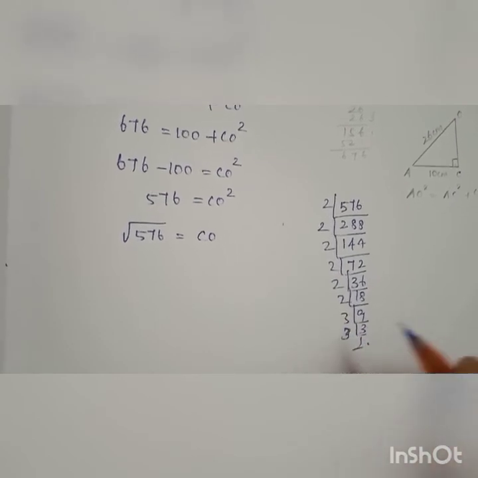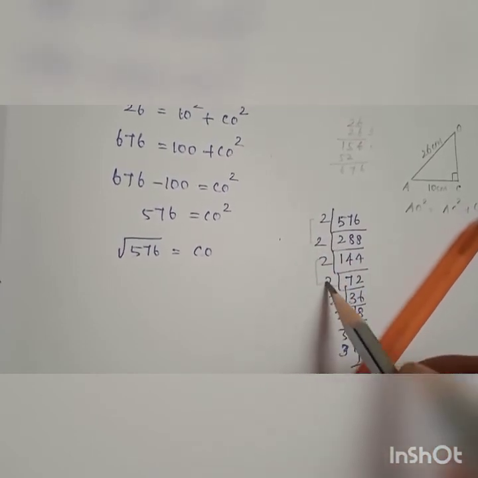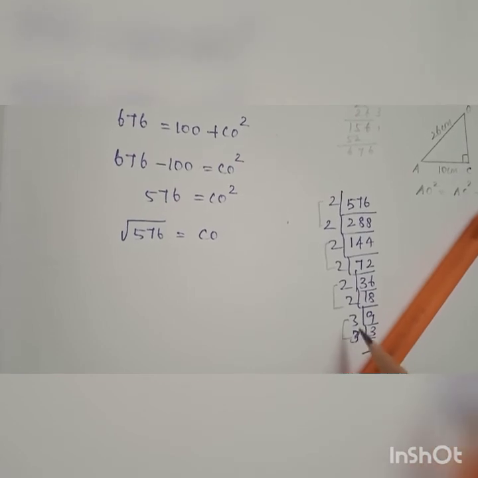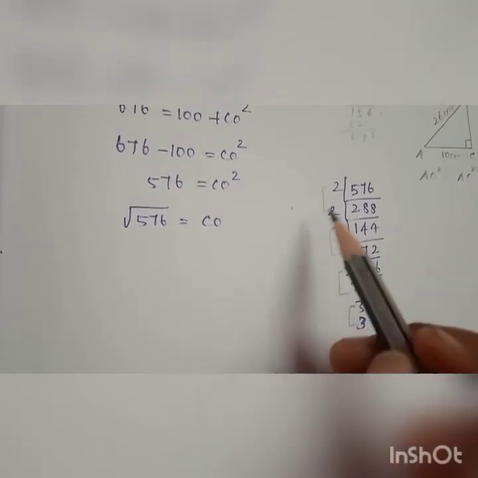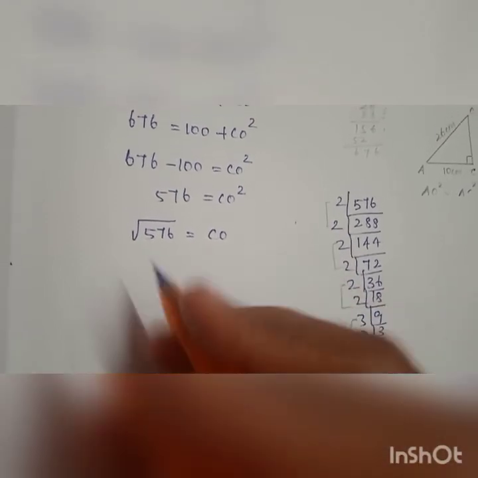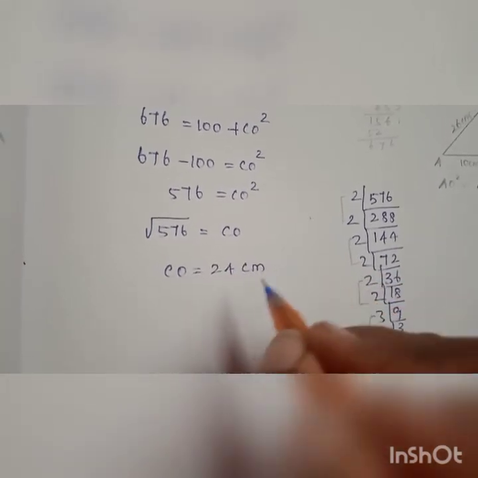Out of each pair of equal numbers we take out one number. Therefore 2 2s are 4, 4 2s are 8, 8 into 3 is 24. Therefore the value of CO is equal to 24 centimeter.